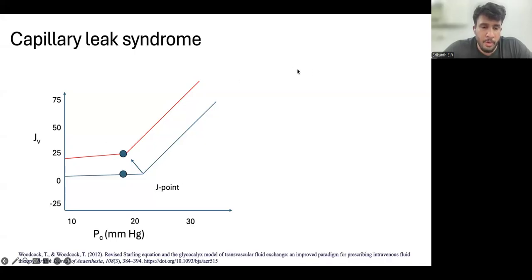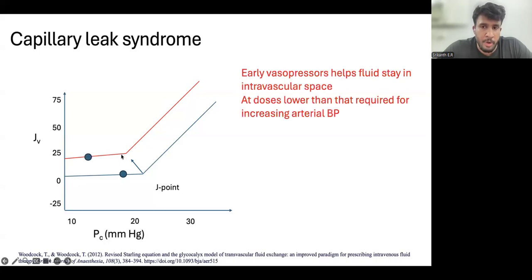So at this point, what you can do is give vasopressors, because vasopressors like norepinephrine at a low dose can cause precapillary sphincter constriction, and this can reduce the capillary hydrostatic pressure and prevent further capillary leak from happening. So that is why early vasopressors can help fluid stay within the intravascular space.